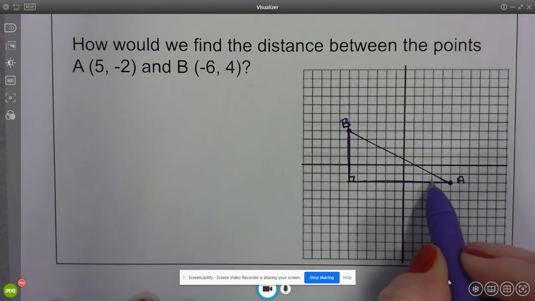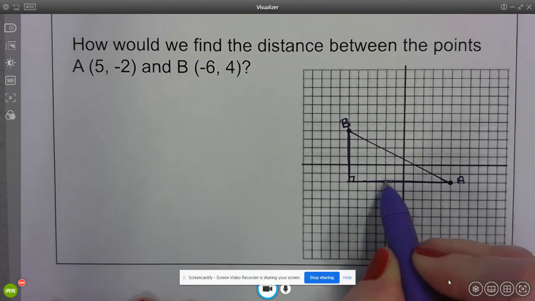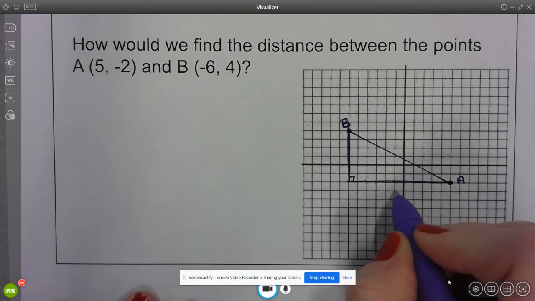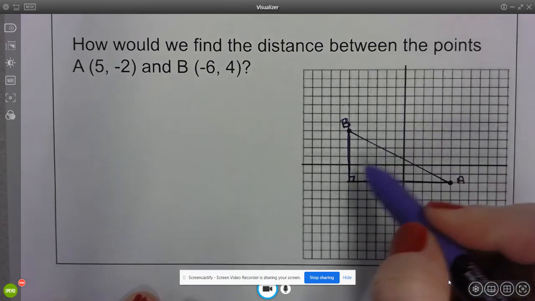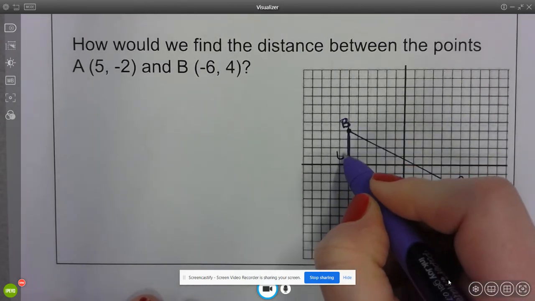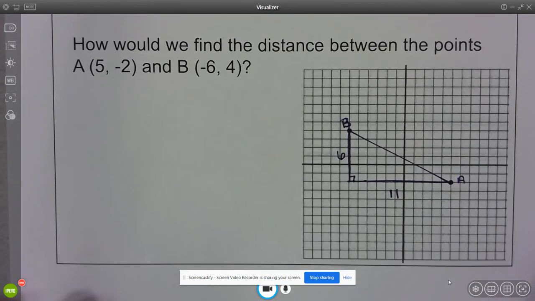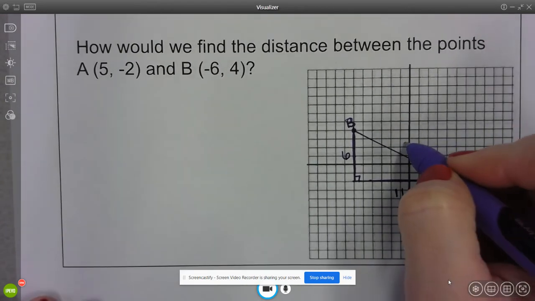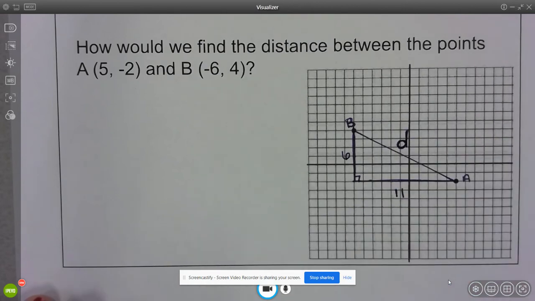This would be 1, 2, 3, 4, 5, 6, 7, 8, 9, 10, 11. And then this will be 1, 2, 3, 4, 5, 6. Ultimately, my goal is to find the distance between those 2 points.